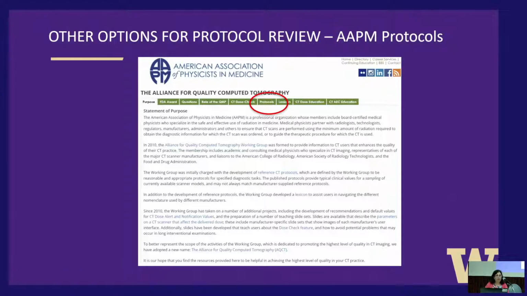If you want to understand how each vendor uses their automatic tube current modulation and how the dose works with respect to that, these are great slides. And they keep getting updated every few years by this committee. So again, a fantastic resource for anyone who needs something to look at.